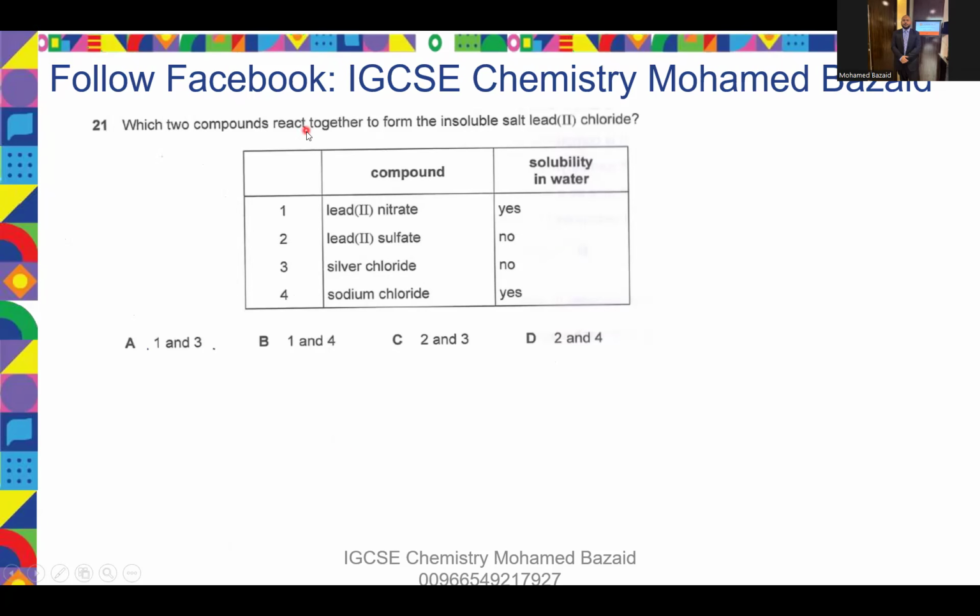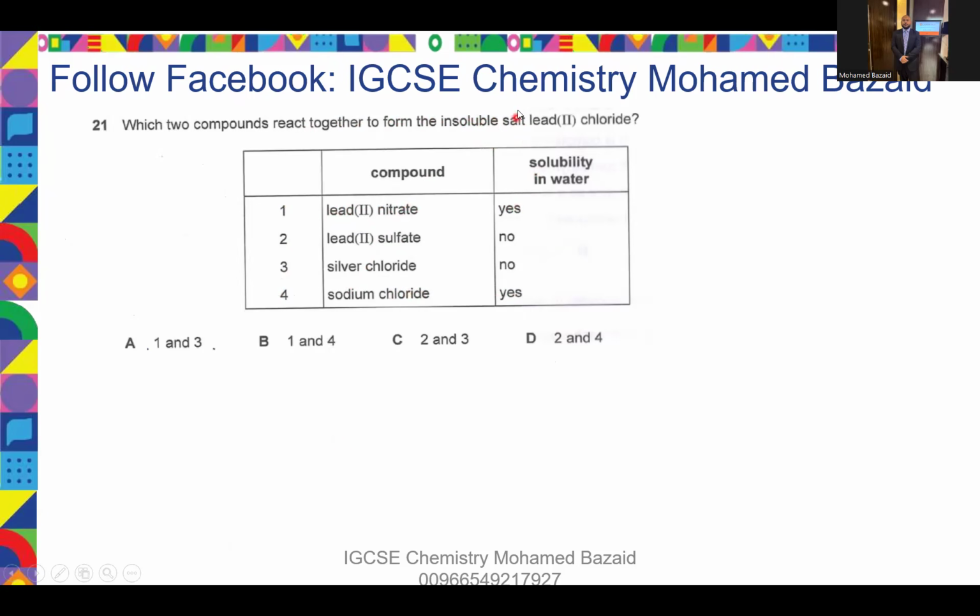21. Which two compounds react together to form the insoluble salt? As you see, to form an insoluble salt, you mix soluble with soluble. And I said many, many times, soluble with soluble always take nitrate and sodium. So I will take here lead nitrate because it is soluble in water, with sodium chloride, which is soluble.